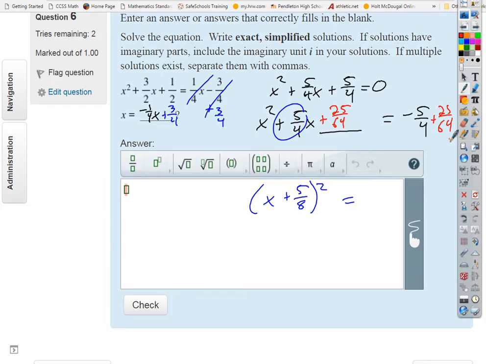which leaves us with what on this other side? So if I multiply top and bottom here by 16 to get 64ths, we're going to get negative 5 times 16 plus 25 over common denominator of 64. So that's negative 80 plus 25 is negative 55.